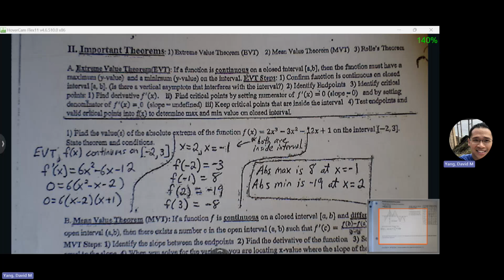So you simply set f prime equal to 0 and solve for it. You're just looking for slope 0 somewhere along the graph. But with mean value theorem, it can be slope 0, but it could also be other slopes as well, depending on what the endpoints are giving you.